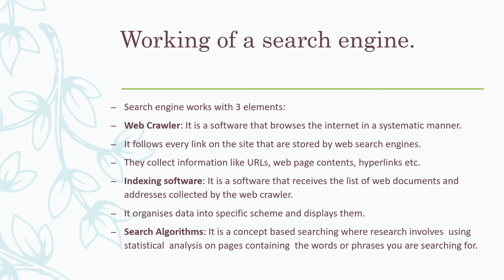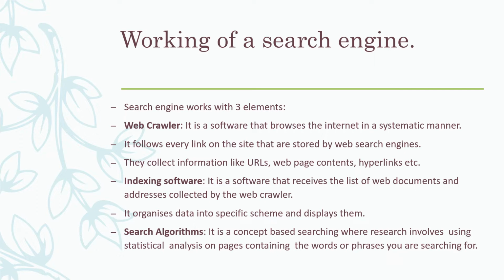Then comes the search algorithm. It is a concept-based searching where research involves using statistical analysis on pages containing the words or phrases that we are looking for. If you enter a wrong spelling, it shows "would you rather search for the correct spelling", because the search algorithm works out that maybe the user has entered the wrong data.